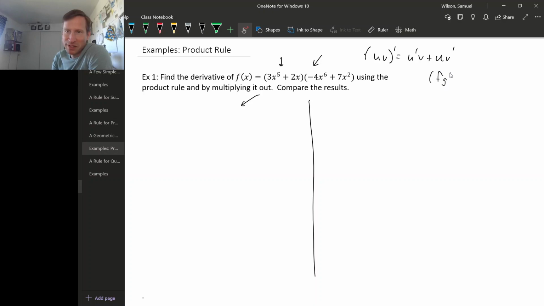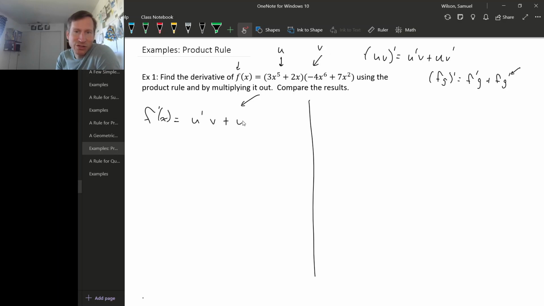Often when you look it up in textbooks, you'll see it with f and g, so f'g plus fg'. I'm hesitating to use that one this time because this function is called f. So let's call this one u and this one v. So the derivative of f is going to be u'v plus uv'.